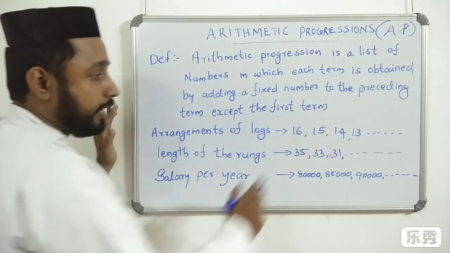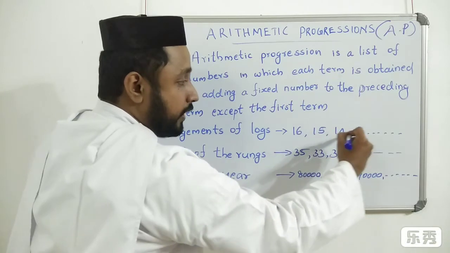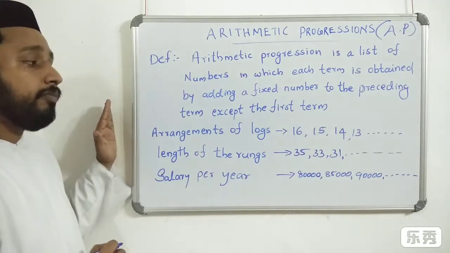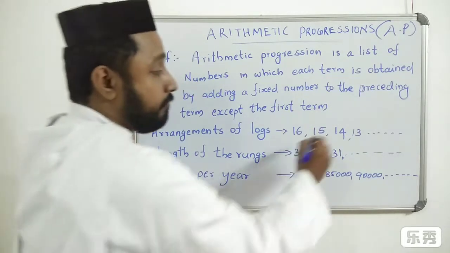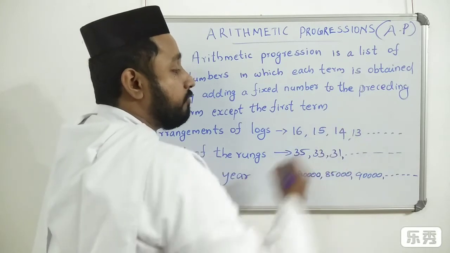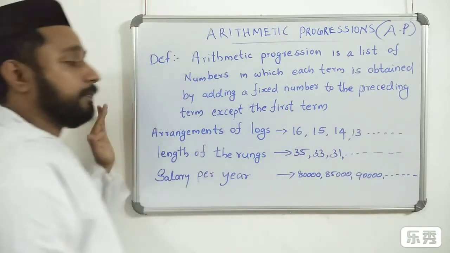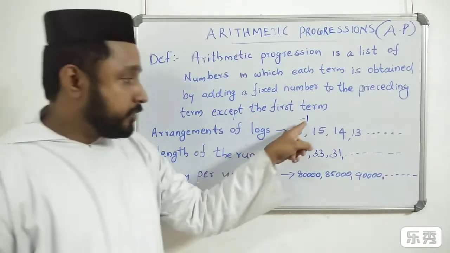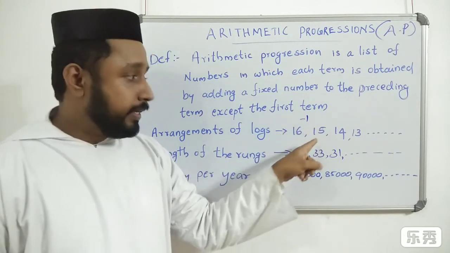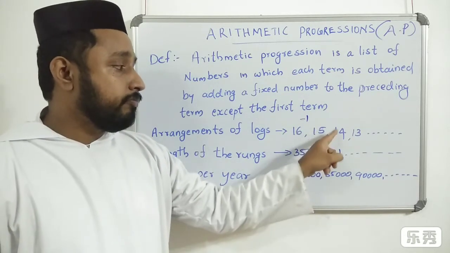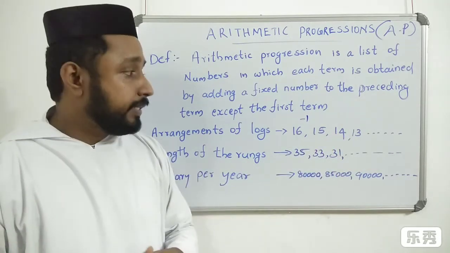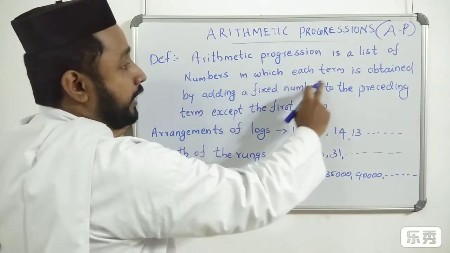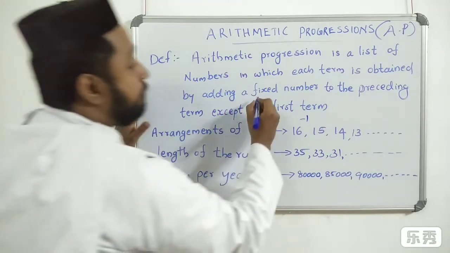So, in this case, 16, 15, 14, 13, etc. Here we subtract 1 from 16 to get 15, then subtract 1 again to get 14, then 13, etc. In other words, we are adding minus 1. 16 plus minus 1, we get 15. 15 plus minus 1, we get 14. 14 plus minus 1, we get 13, and so on. So, arithmetic progression is a list of numbers in which each term is obtained by adding a fixed number.